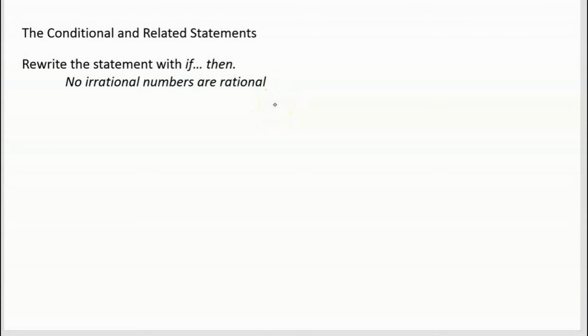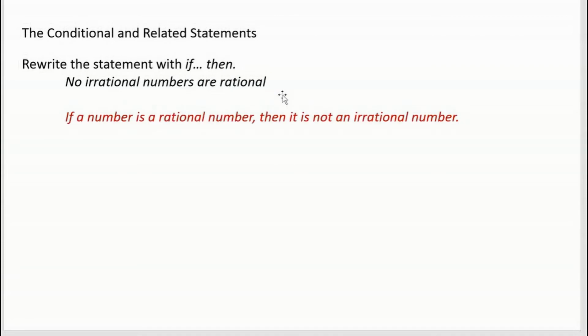I do understand if you have an issue with these. So the setup is, if a number is a rational number, then it is not an irrational number. And it's a struggle to figure out which one comes first, and which of those situations that I showed you, let me back up to that, applies to this.